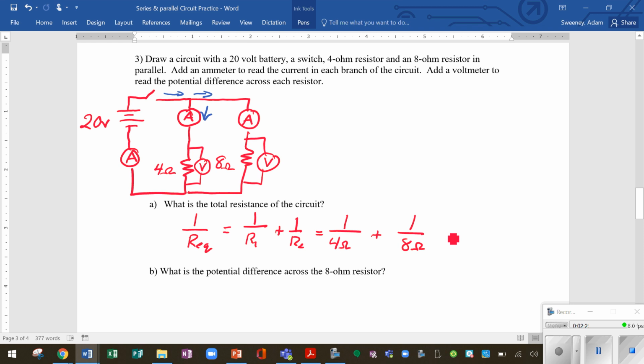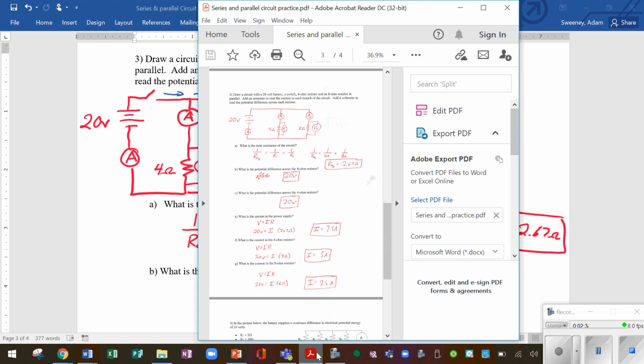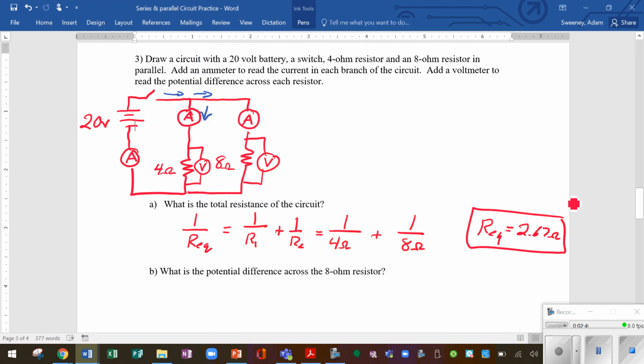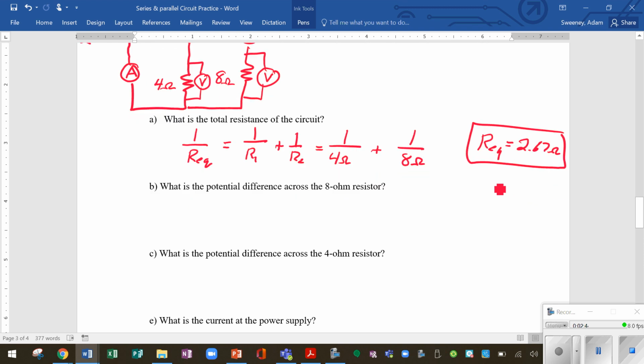And that's going to be equal to an Req of 2.67 ohms. Let me just double check on that. Yes. Okay.